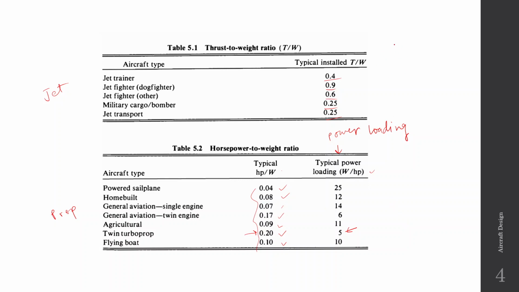So for a jet aircraft we have a higher thrust to weight ratio, and for propeller aircraft it is lower.